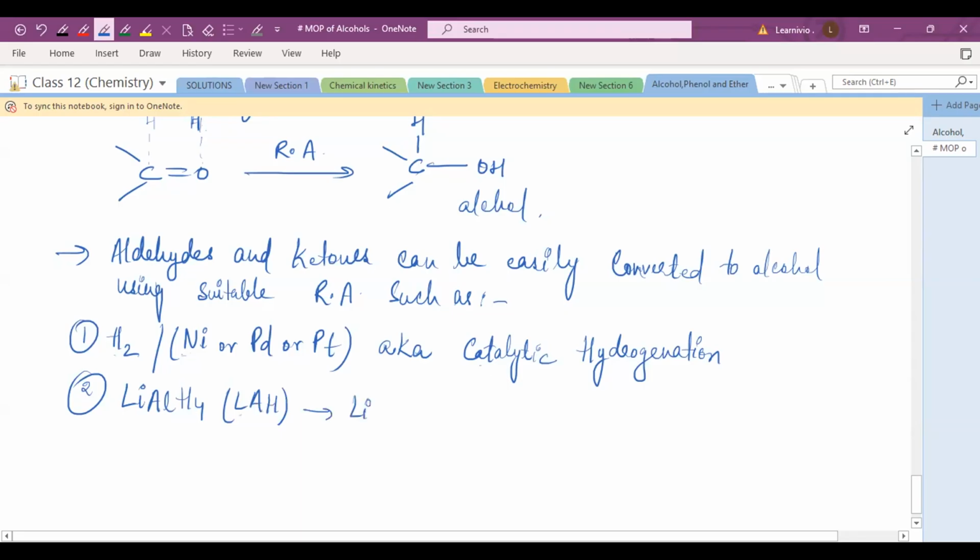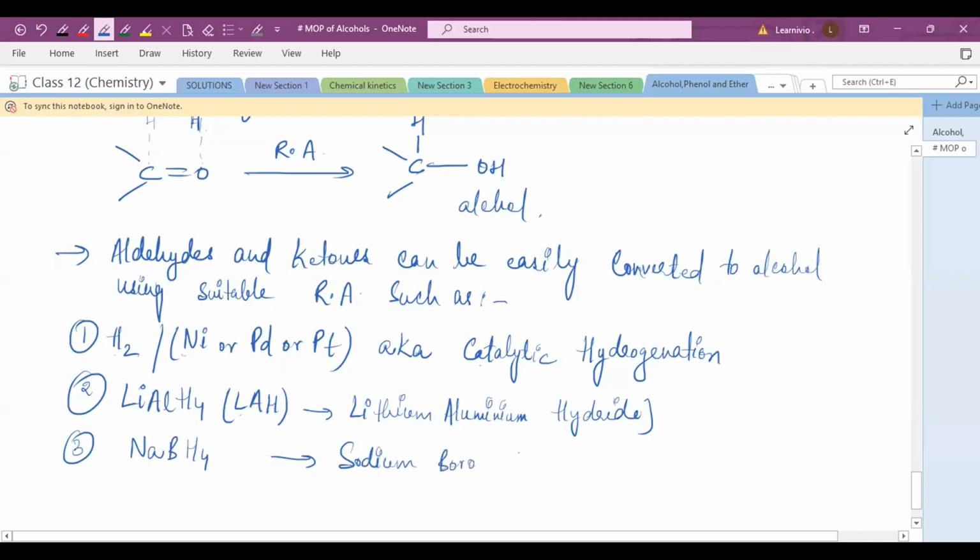So it's a strong reducing agent. नेक्स्ट आप यूज कर सकते हो सोडियम बोरोहाइड्राइड. ओके, NaBH4, सोडियम बोरोन हाइड्राइड.